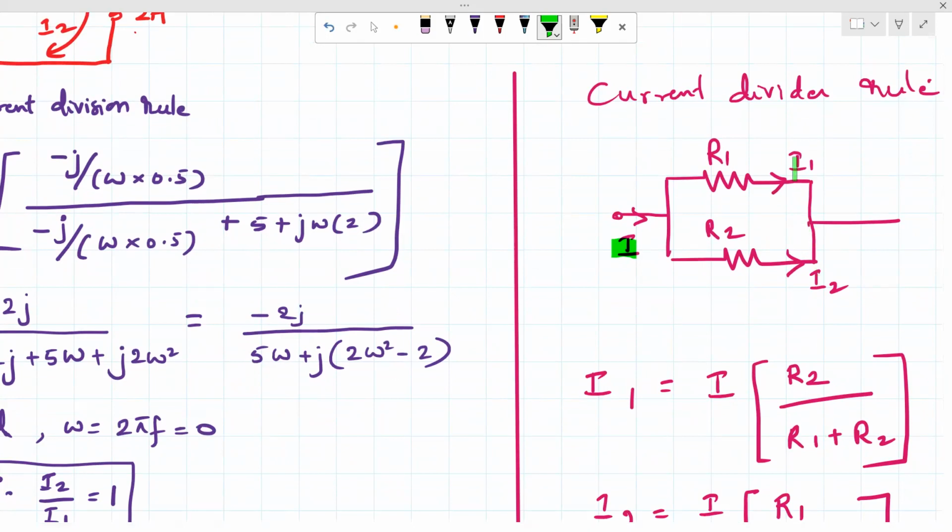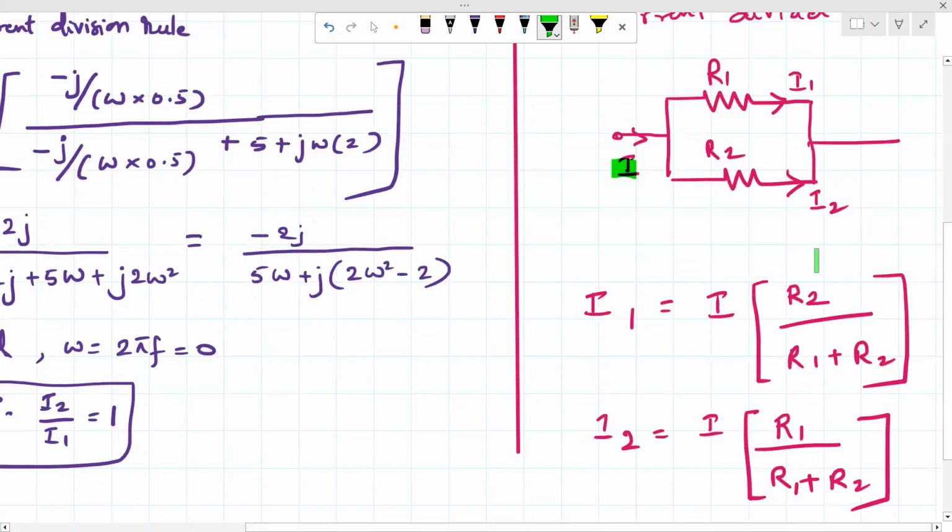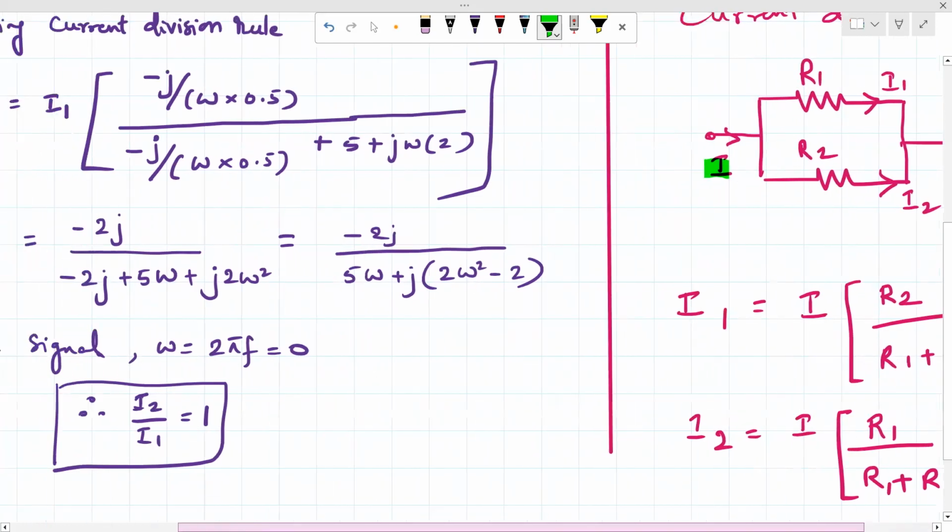So I1 is equal to the total current into R2, divided by the total resistance R1 plus R2. Similarly, I2 is equal to the main current I into the resistance of the other branch R1, divided by R1 plus R2. So this is the current divider rule.